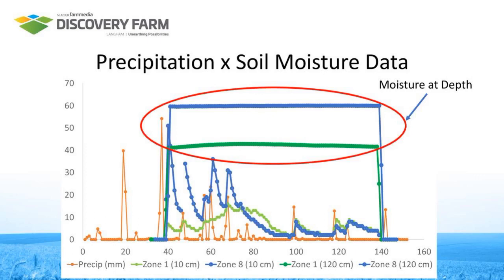So not at saturation, but it presumably is supplying some moisture to the crop throughout the growing season. However, I'm making the assumption, and also later, that at the zone 1 location, even though there was moisture at depth, it was not enough to continue to supply moisture to the crop to put on those bushels at the end of the growing season.